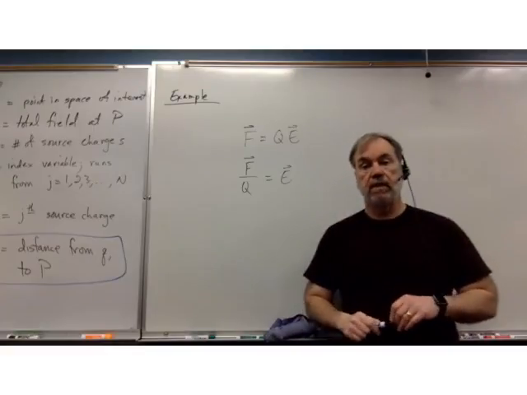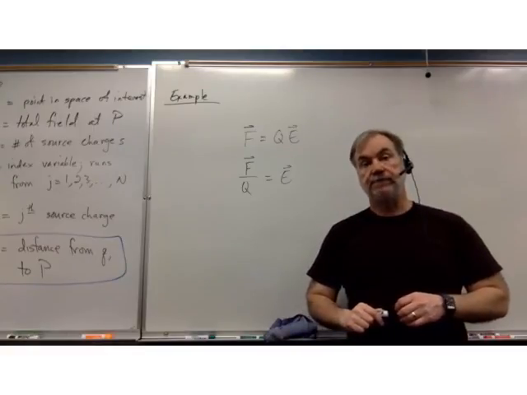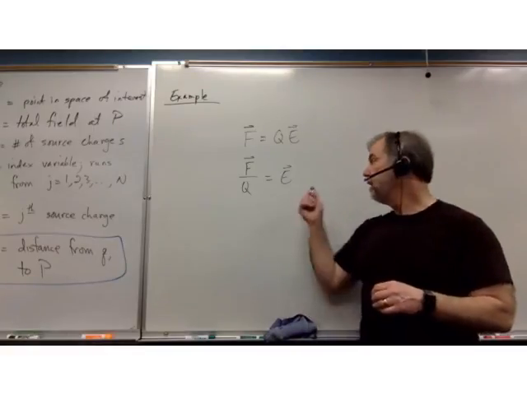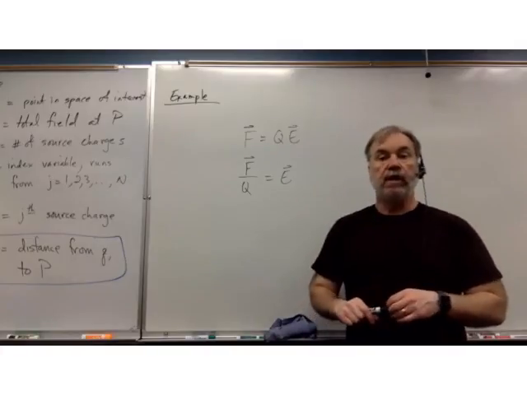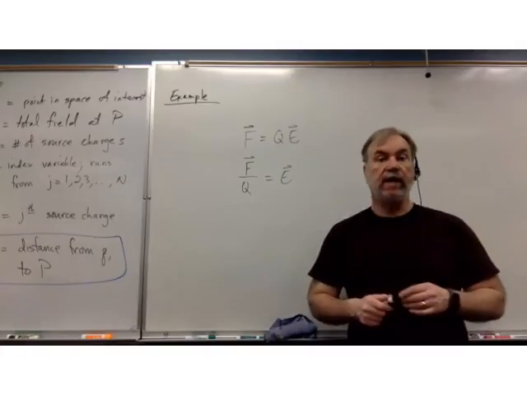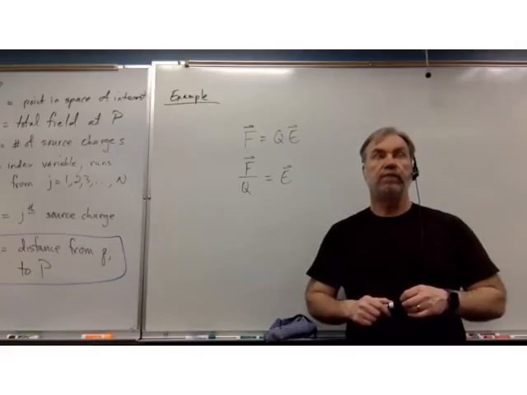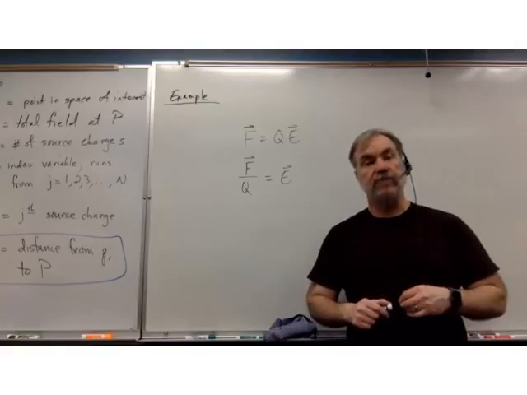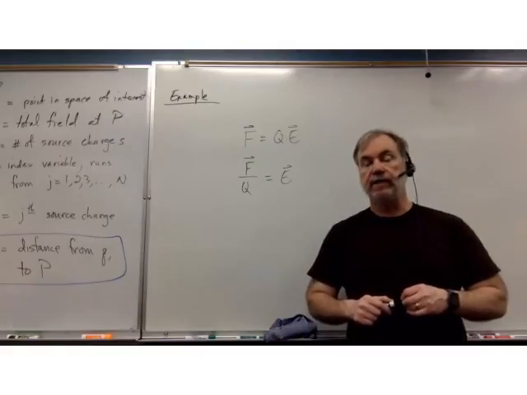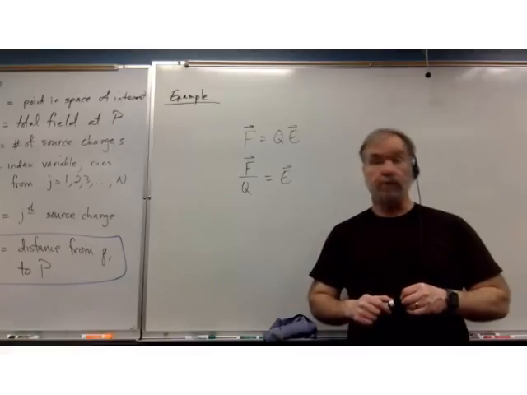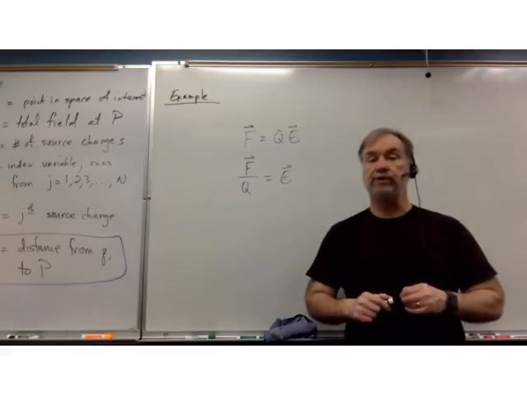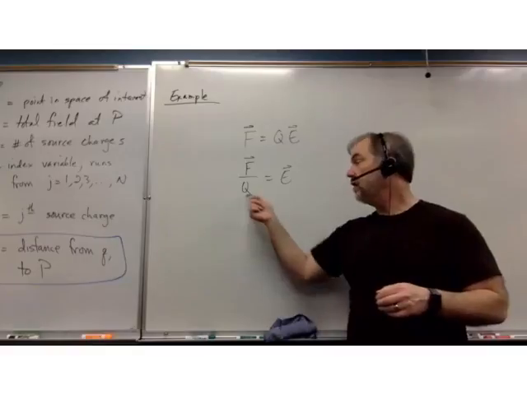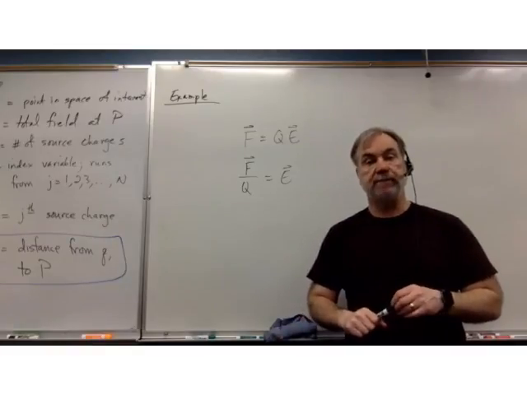Physically, the meaning of the units, newtons per coulomb, is this is what an electric field does to a test charge. It applies a force on the test charge, but how big that force is going to be will depend on how big the test charge happens to be.